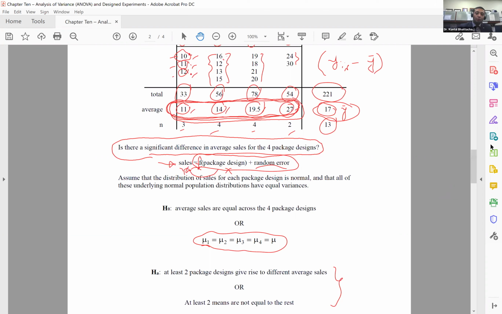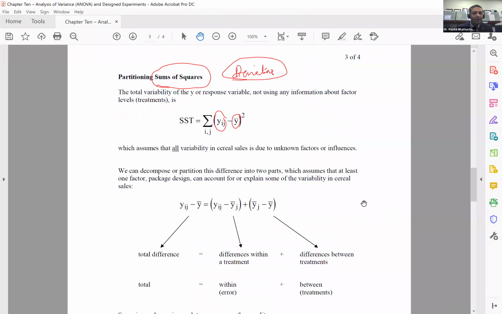And then when you square that term and sum them up, that's essentially the sum of squares. For each of those 13 stores, you are seeing how much the sales value deviates from the overall mean, squaring the deviation and summing it all up. And so that is the overall variability in that data set.